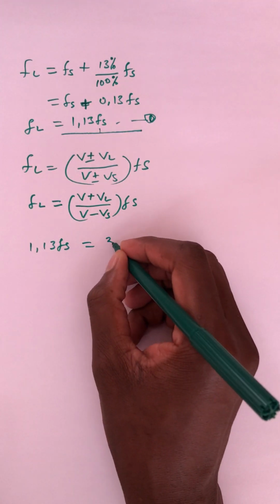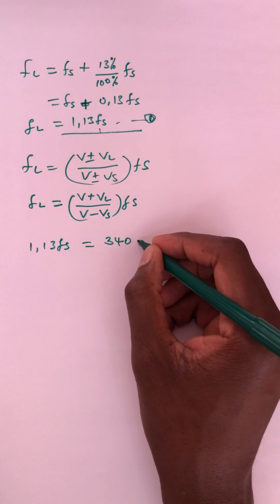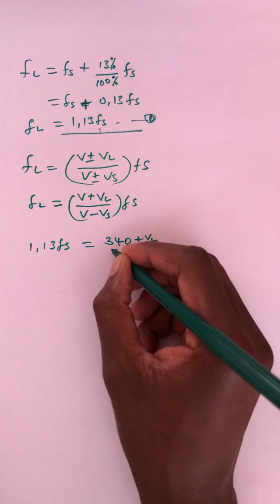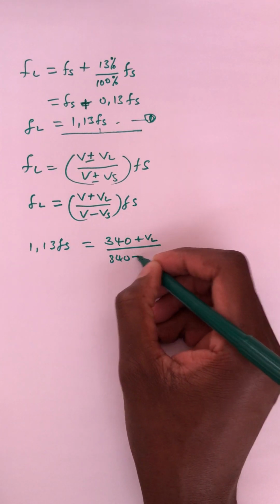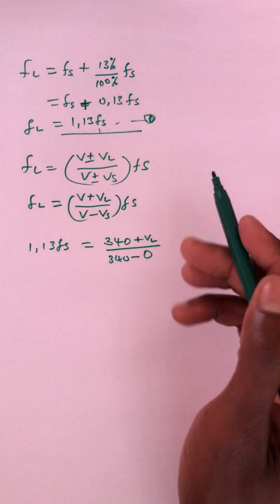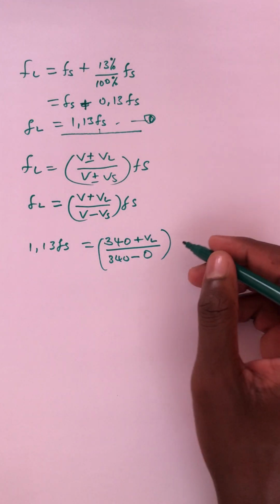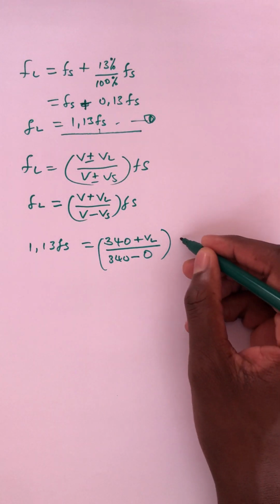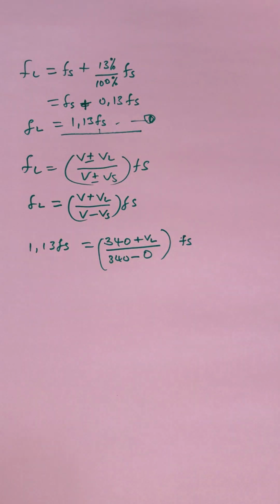It is equal to, they said the speed of sound in air is 340 meters per second, plus vL, we don't know this one, over 340 minus 0, since they said the source is stationary. Now, this one will remain like that, fs.